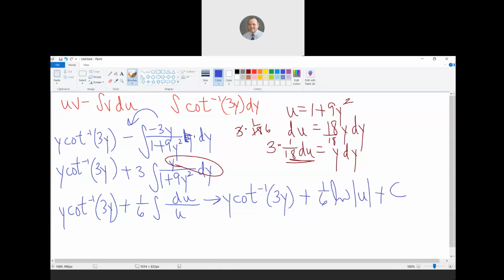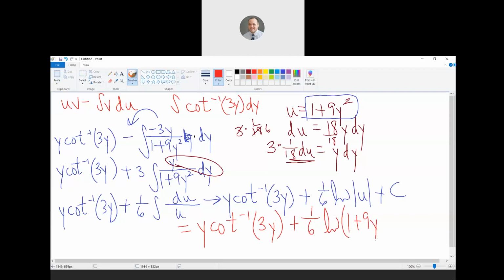We got one more step, and that is replace u with the 1 plus 9y squared. So final answer is y times inverse cotangent of 3y plus 1 over 6 natural log. And you can drop the absolute value sign because 1 plus 9y squared is never going to be negative.